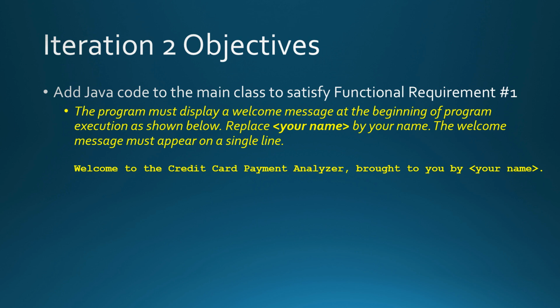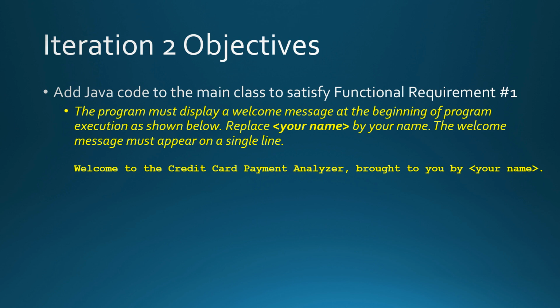I have repeated functional requirement 1 here on this slide. And if you read it carefully, you'll notice there's actually 3 parts to this requirement. First, the welcome message must be displayed at the beginning of program execution. This means that the welcome message must be the first piece of output that's produced by the program.